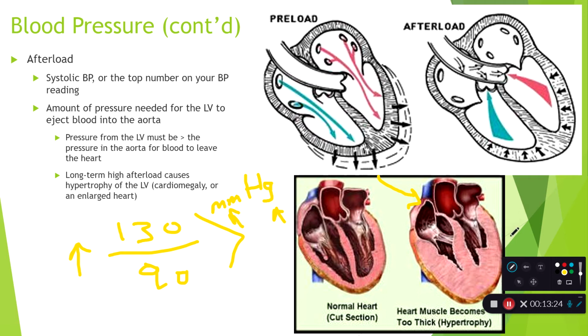So you don't want that to happen, because the more that this heart muscle is enlarged, the less overall room we have here in the chamber itself. If you look in the first picture, you got tons of room here.